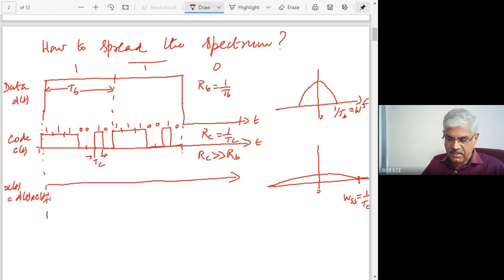Suppose the data is plus 1 and minus 1, and the code is also plus 1 minus 1. When you multiply the waveforms, during this period the same waveform will repeat, whereas during this period, where you are multiplying with minus 1, the code repeats inverted like this.